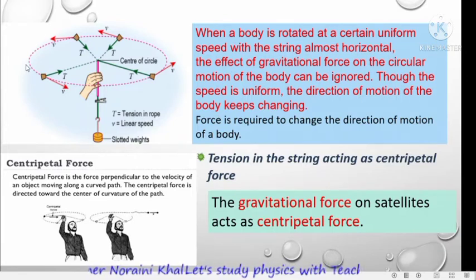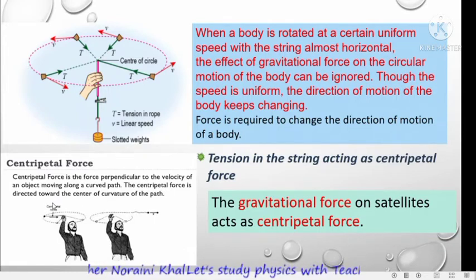You can see this is horizontal motion, so gravitational force, which acts downward, does not affect this type of motion. The force is required to change the direction of motion of the body. The force that acts here, we call centripetal force. Tension in the string is acting as centripetal force.